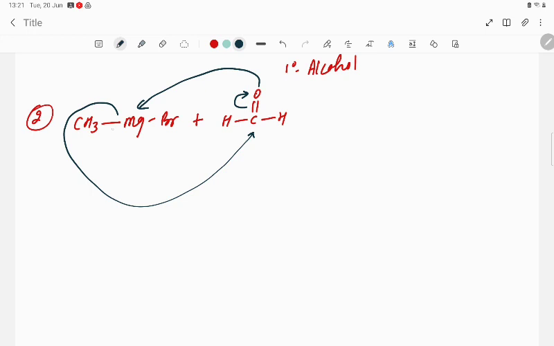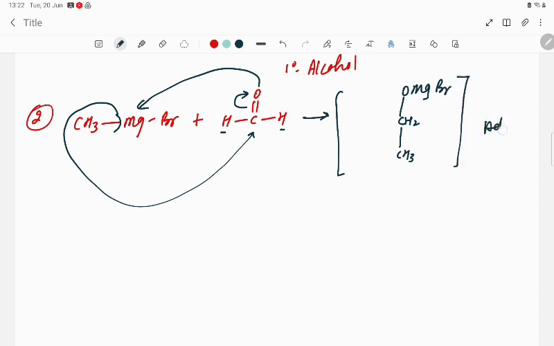This forms the adduct: CH3, then CH2, and OMgBr. This is what is called the adduct.